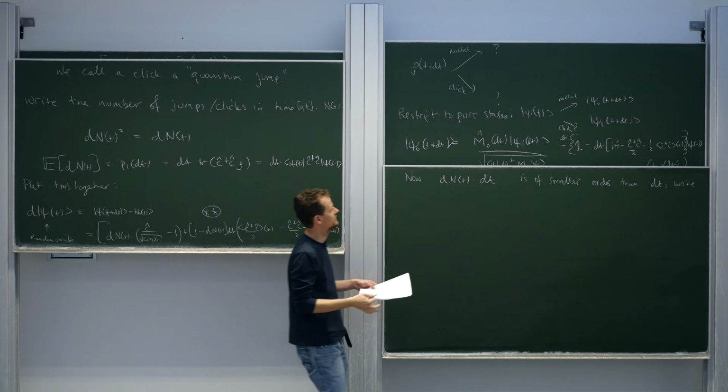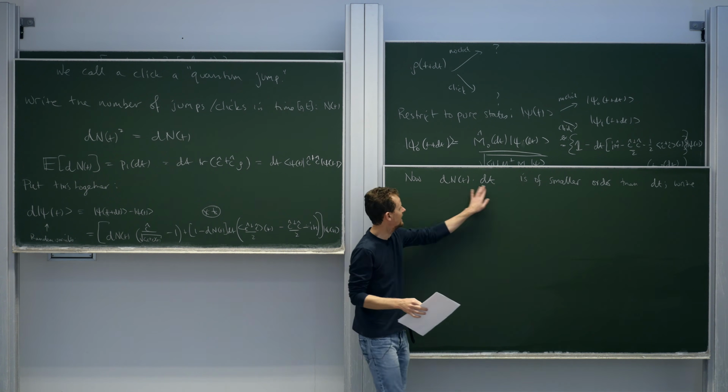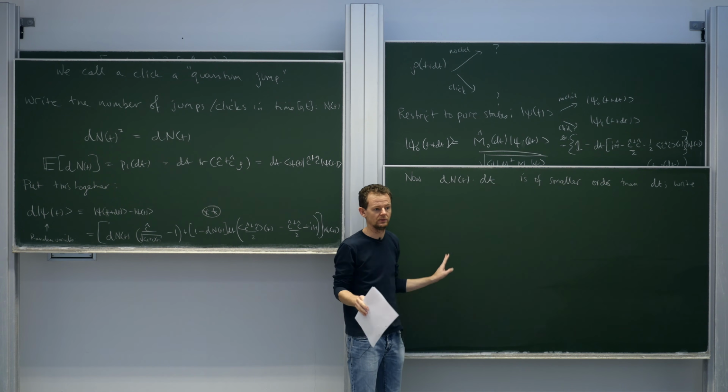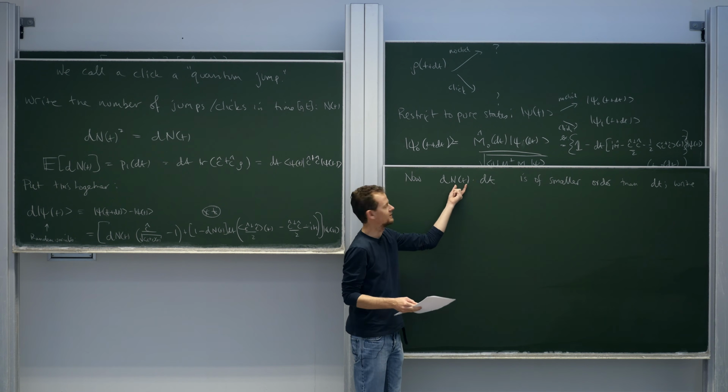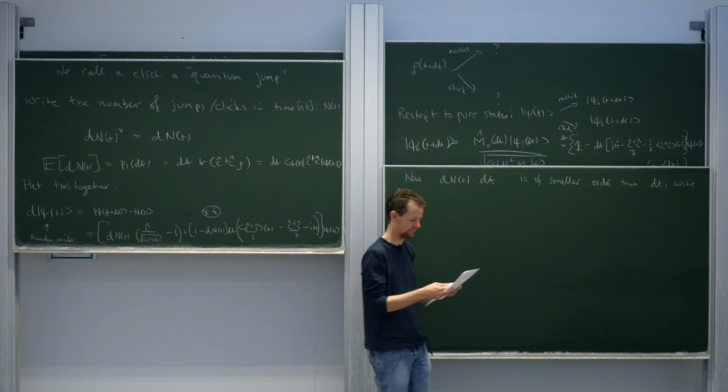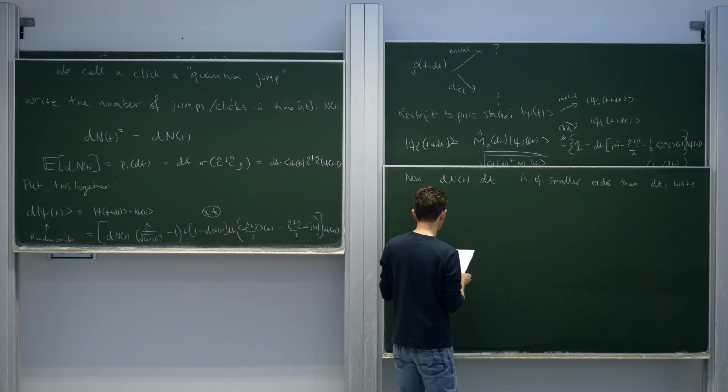And to do this, we're going to first exploit the fact that dn times dt is of an order smaller than dt. So if dt is a small but finite number, then this is a smaller yet finite number. It's actually of order, yeah, that's right.